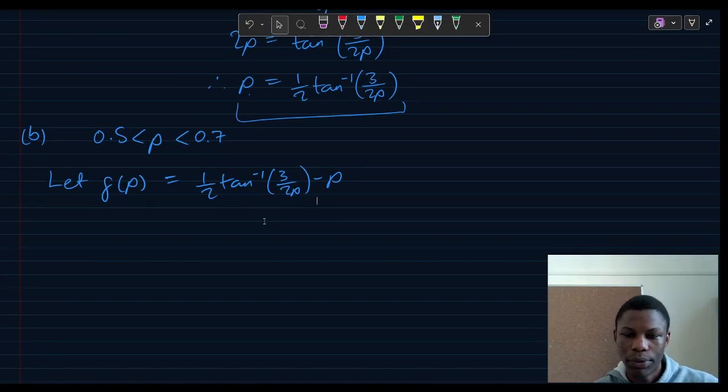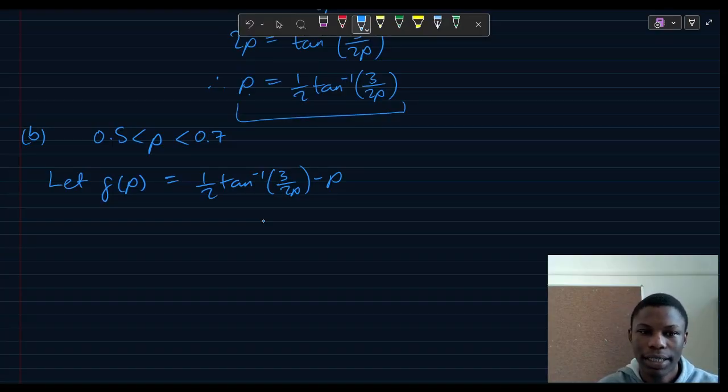And now if we want to check if our root p lies between 0.5 and 0.7, what we can do is to just evaluate this function at 0.5 and at 0.7. And if we get a sign change, then a root lies between there.